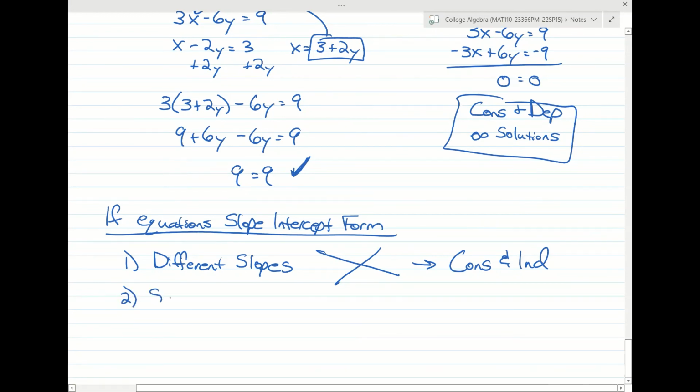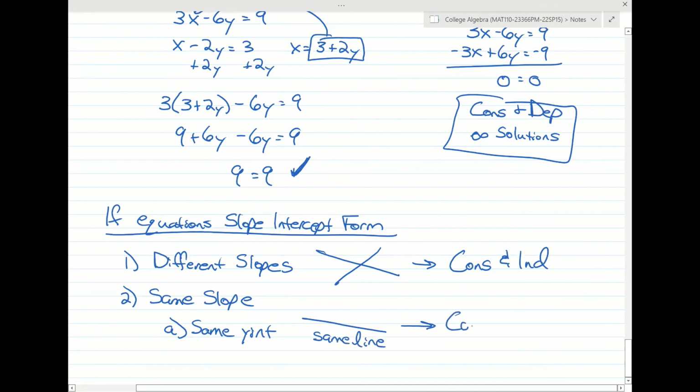If they have the same slope and the same y-intercept, they're the same line. We'd call this consistent and dependent.